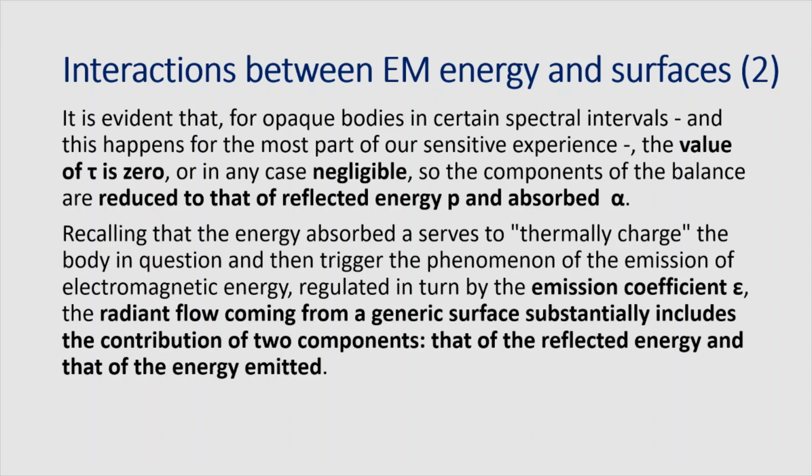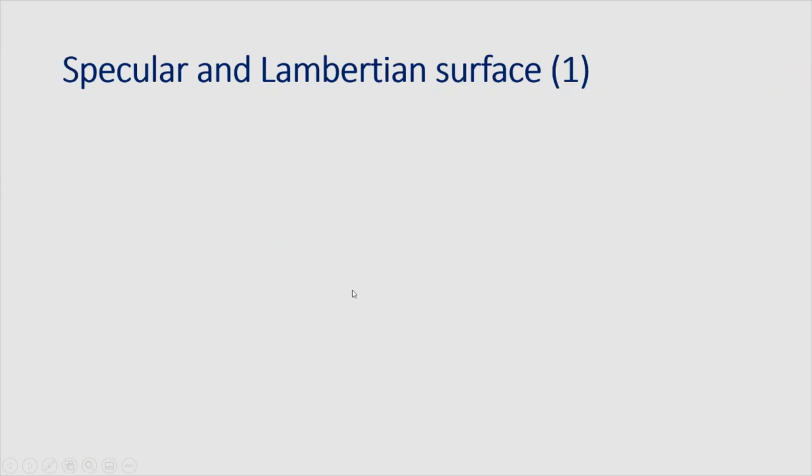And when we have a radiant flow coming from a surface, we state that this flow includes two different components, part of reflected energy and part of emitted energy.